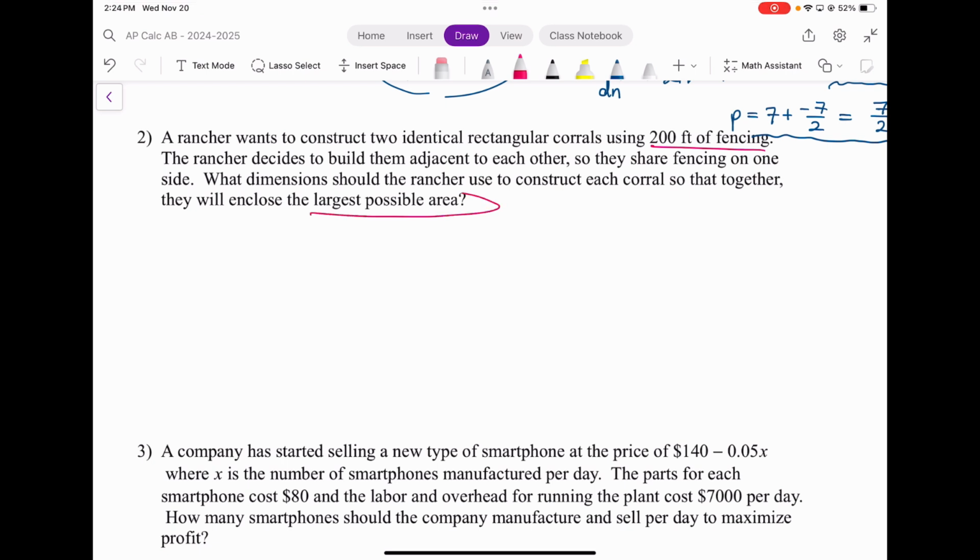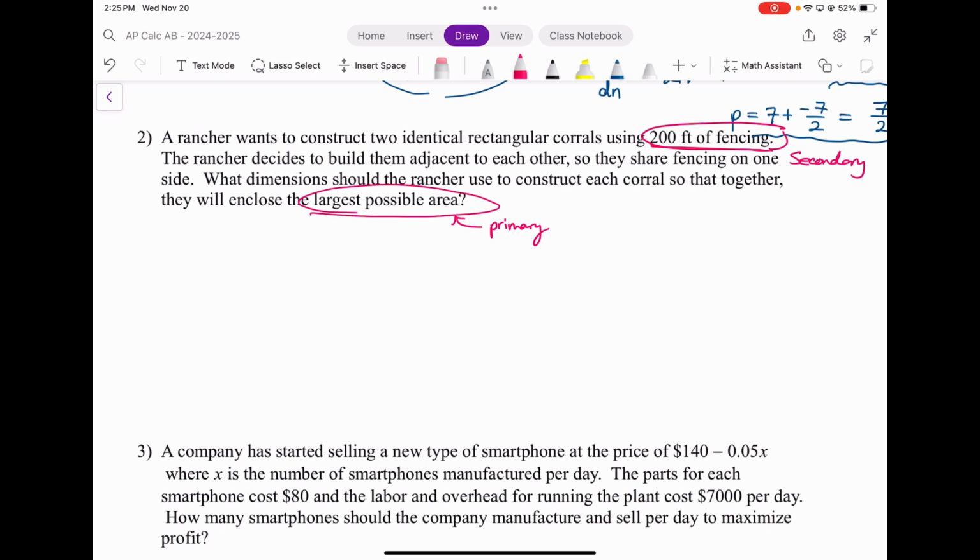Largest possible area. This is what we're trying to maximize. This is telling you what your primary equation should be. What is my constraint, my secondary equation? That's the amount of fencing I have. I only have 200 feet of fencing, right? This is limiting my possibilities here.